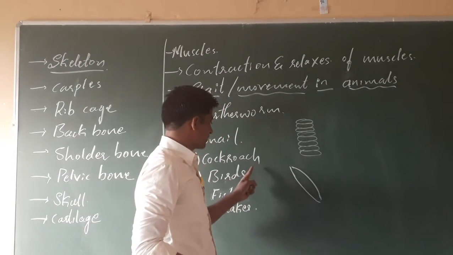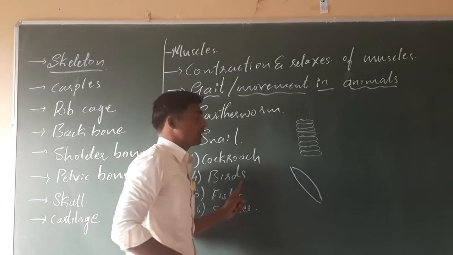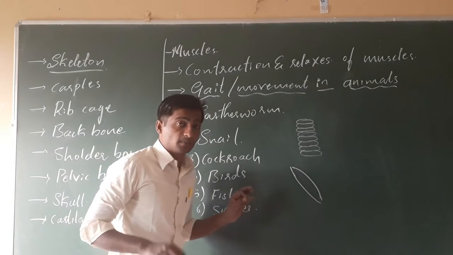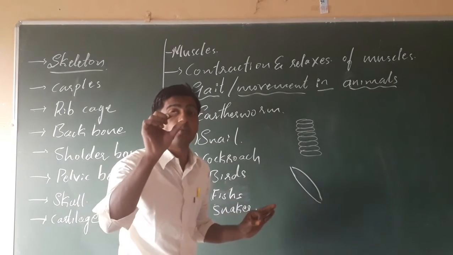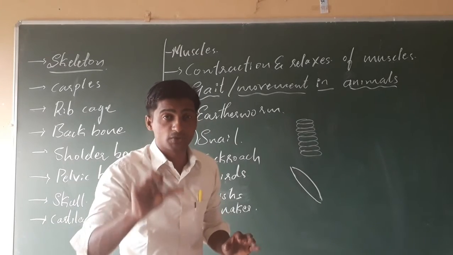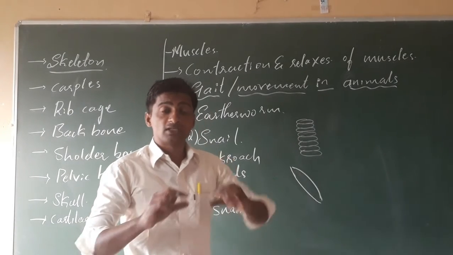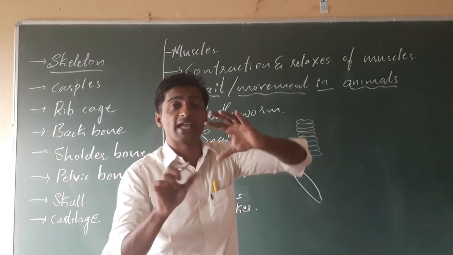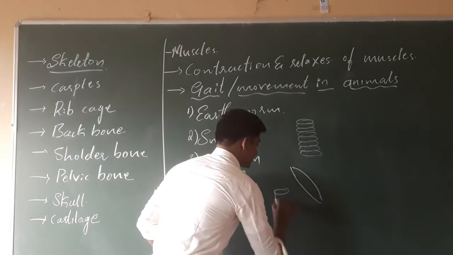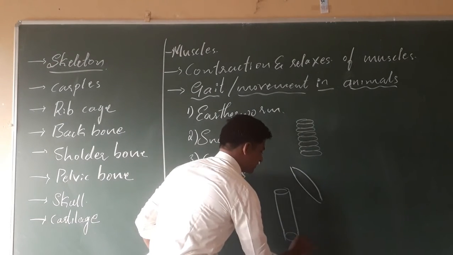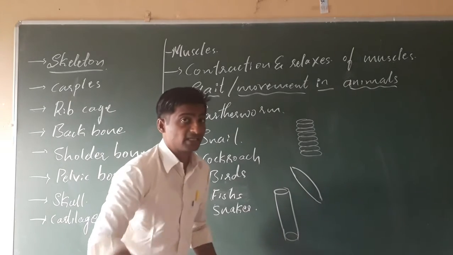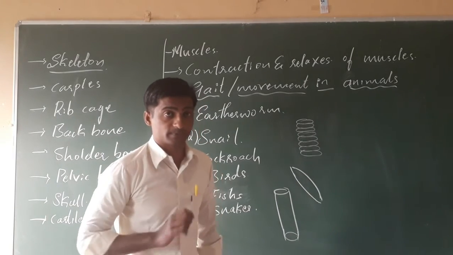And one more characteristic of birds is that they have hollow bones. The bone is totally filled with air. The bones in the birds are filled with air. That is called pneumatic bones.